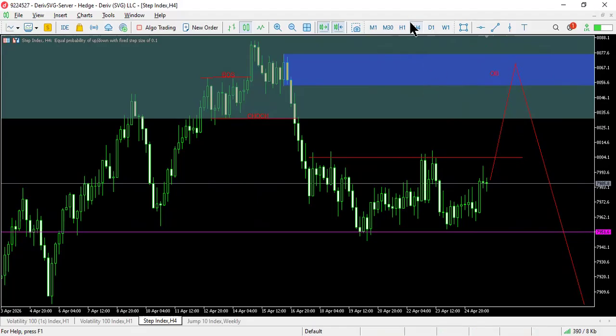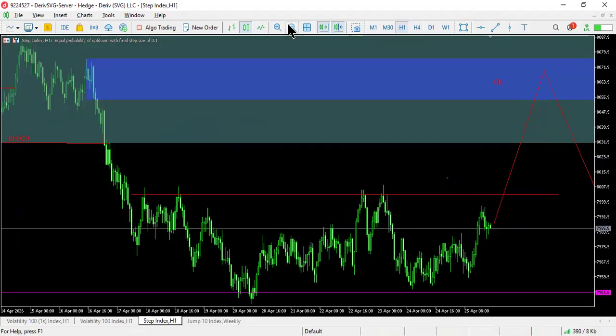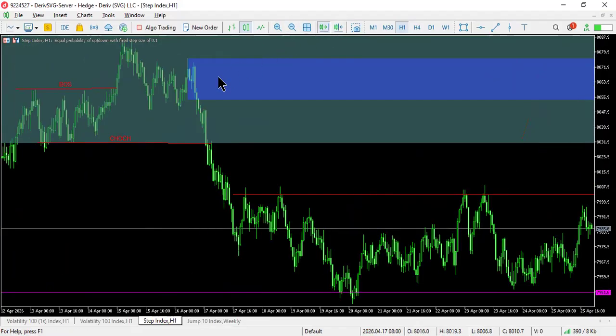Heading over to our entry time frame, which is the 1 hour time frame. So from the 1 hour time frame, adjusting the break of structure to the 1 hour time frame, it's going to be at that level. Right there.